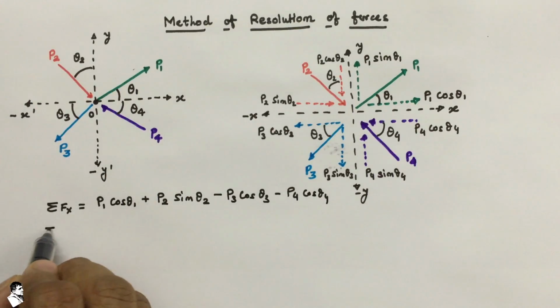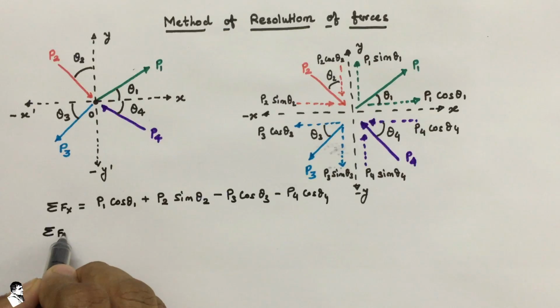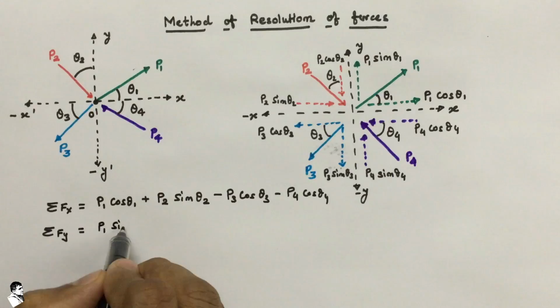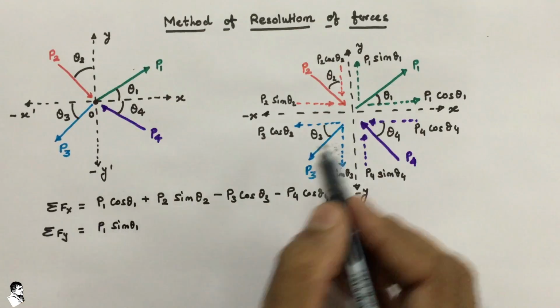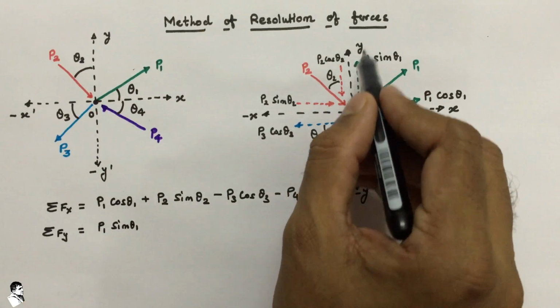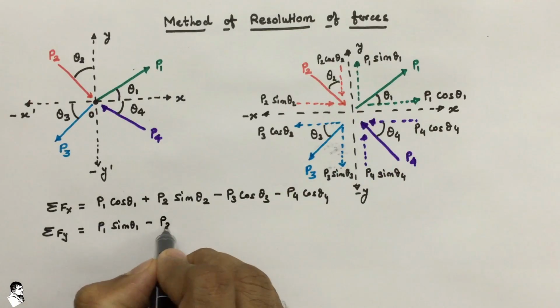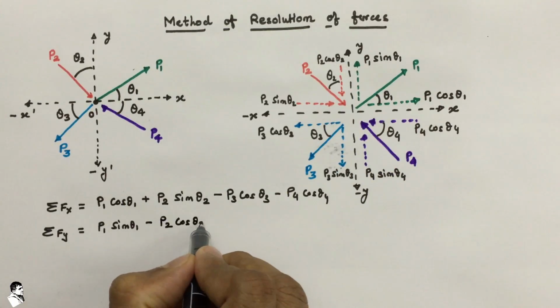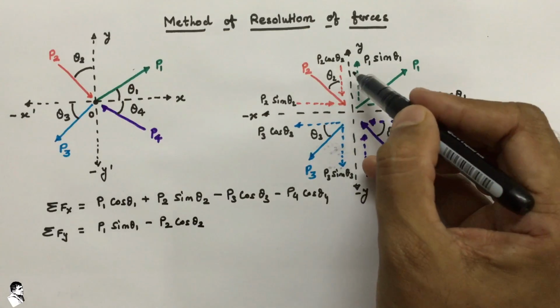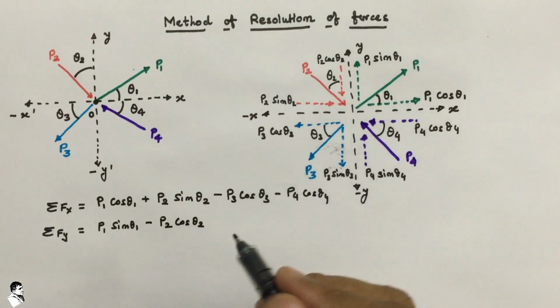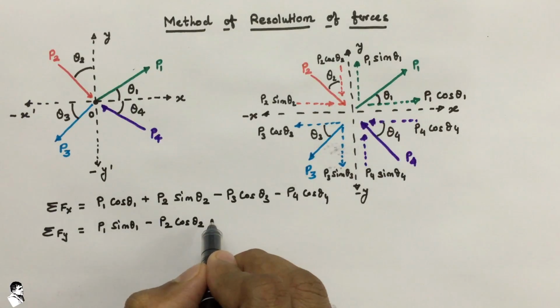Similarly, if we add the forces along the y-axis, that is P1 sin theta 1, with positive sign, minus P2 cos theta 2, which is in the downward direction, along the minus y-axis, that's why it is minus.